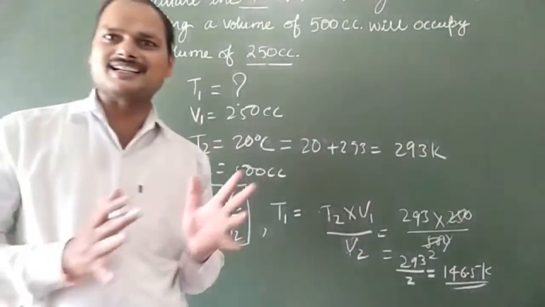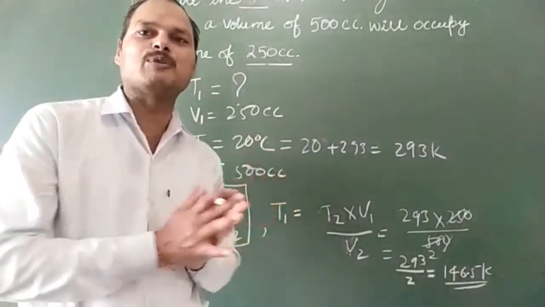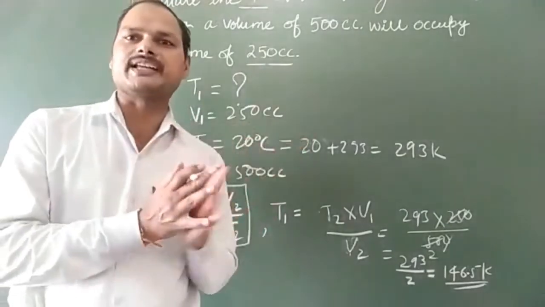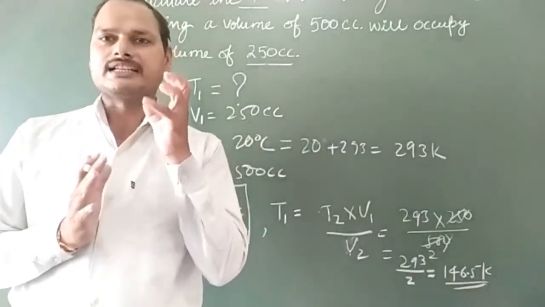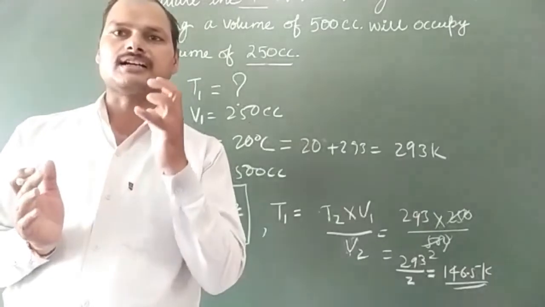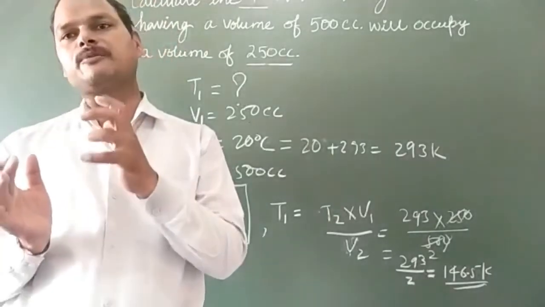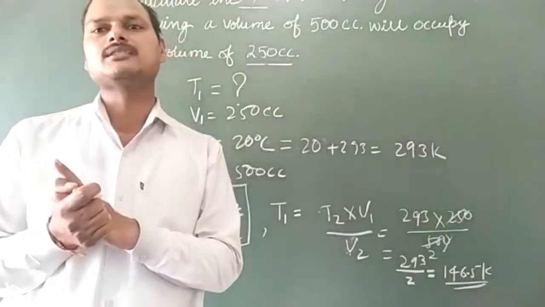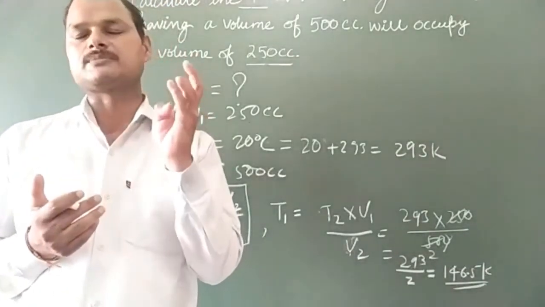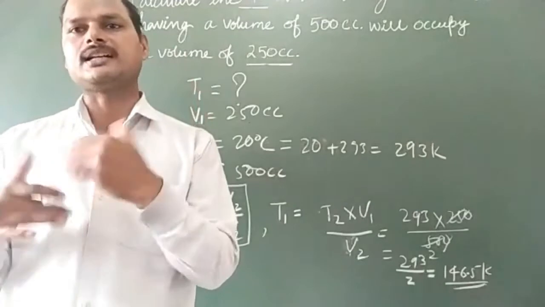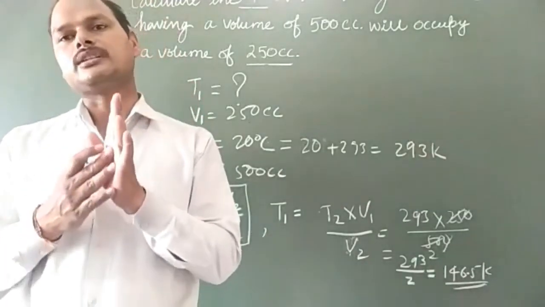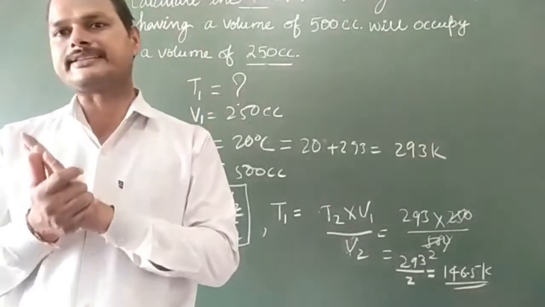I hope you understand this second type of numerical also based on Charles' law. In the first numerical we have seen that in gas laws, through the gas equation we can solve any numerical. If 6 terms are given, 3 terms meaning temperature, pressure and volume, and the other 3 conditions for the different state are also given, we have to use the gas equation.